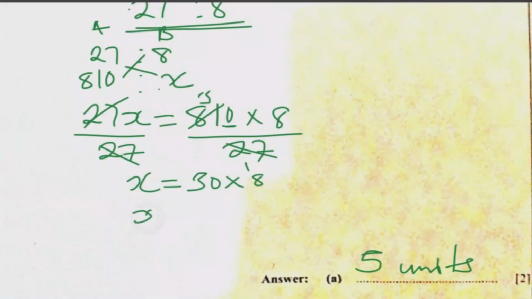So what is the value of 30 times 8? Ignore the 0 first, then 3 times 8 gives us 24. We didn't use the 0, so we put it back on the product, and the answer is 240 centimeters cubed.